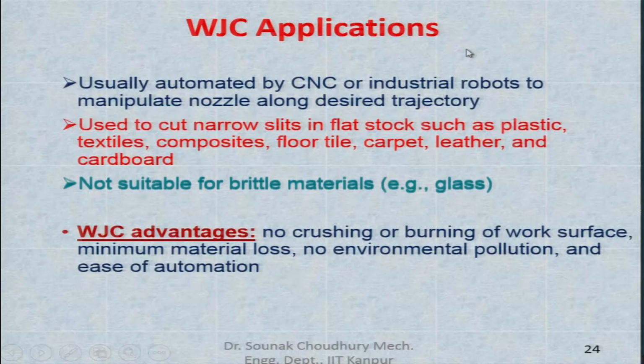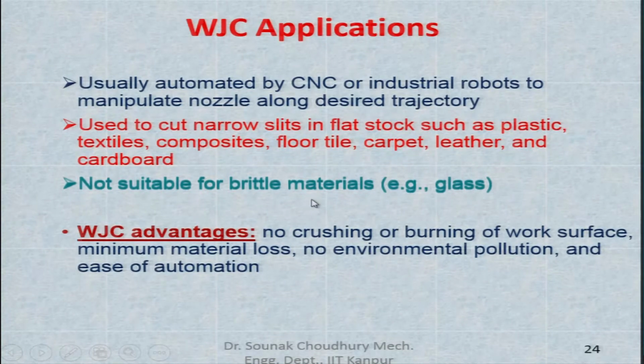Water jet cutting applications are usually automated by computer numerical control or industrial robots to manipulate the nozzle along the desired trajectory. These are used to cut narrow slits in flat stock such as plastic, textiles, composites, floor tile, carpet, leather and cardboard, as already said.